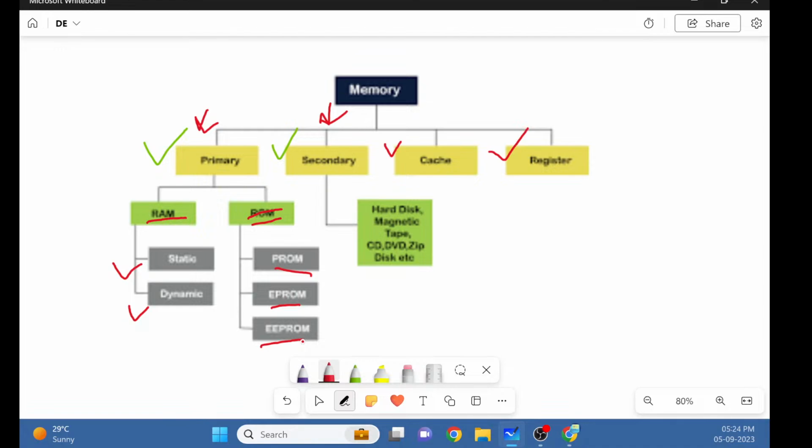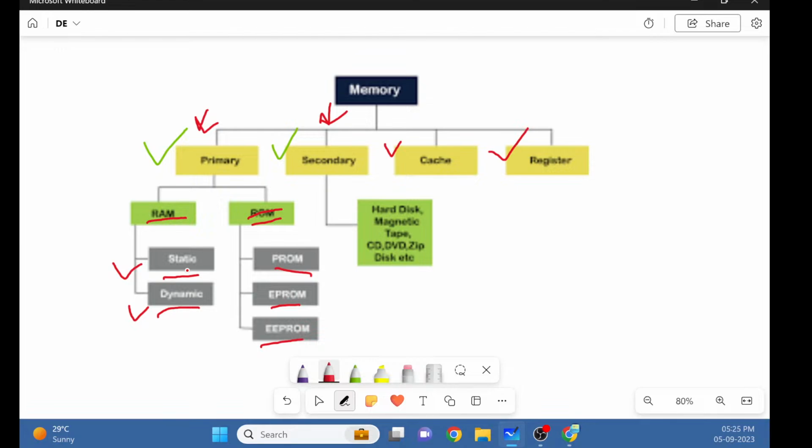Now let's look at the different comparison points between static RAM and dynamic RAM. The very first thing is, in the case of static RAM, the data is stored in a flip-flop like structure. Whereas in the case of dynamic RAM, it is stored as a capacitance. So basically static RAM is faster and dynamic RAM is slow, right?